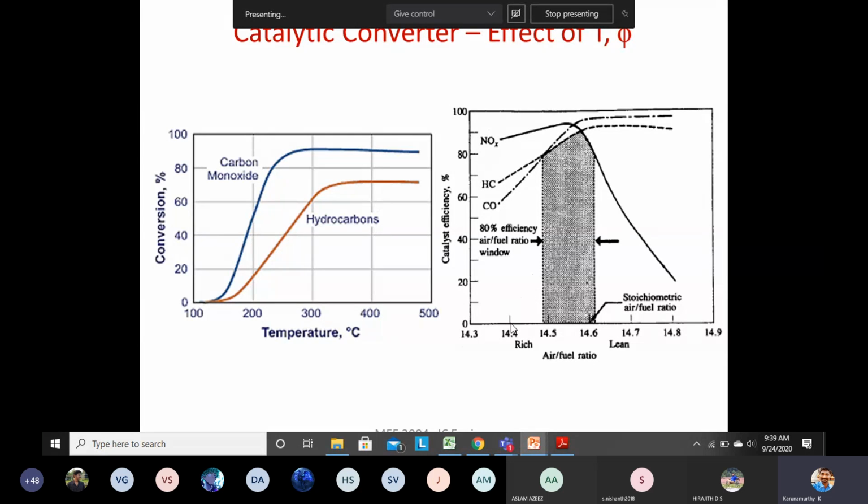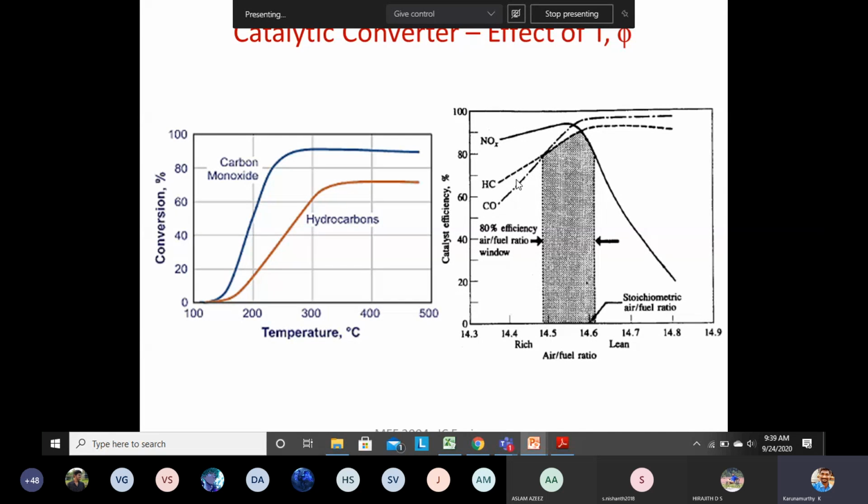So from the rich side, if you move towards the lean side, the conversion efficiency is increasing for carbon monoxide and for hydrocarbon, right? And the maximum conversion efficiency is obtained within the air fuel ratio region of 14.5 to 14.6. That means close to your stoichiometric condition.